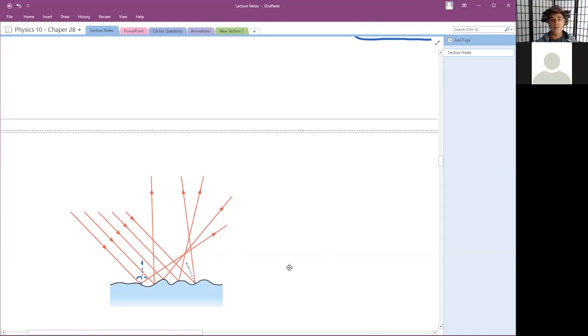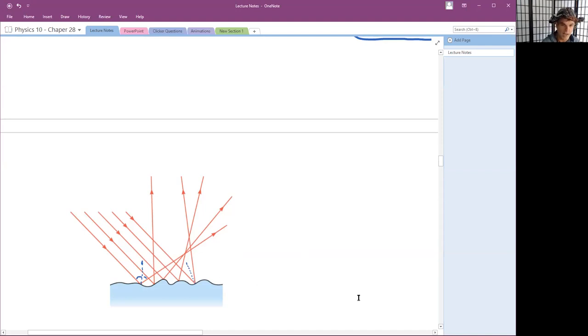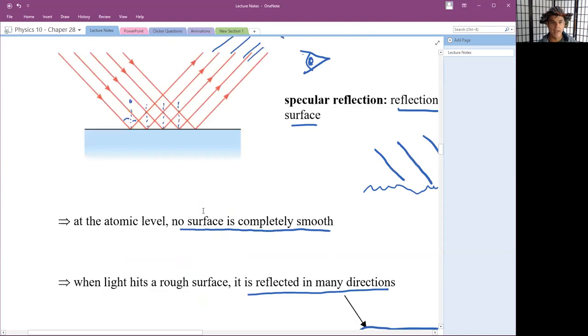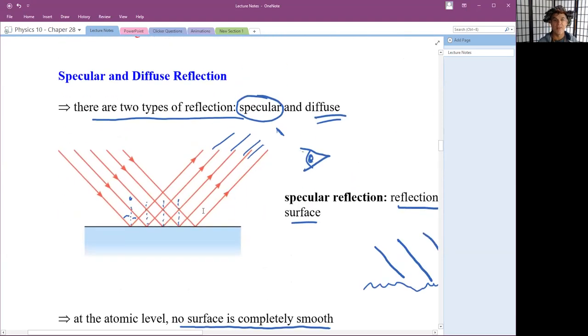And so the nice thing about this is, let's say that this was a piece of paper that you're reading. I could be right here, and I would see the piece of paper. I could be right here, and I would see the piece of paper. Whereas if I had specular reflection, my eye would have to be right here in order to see that piece of paper at all.